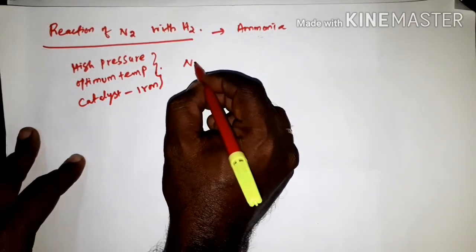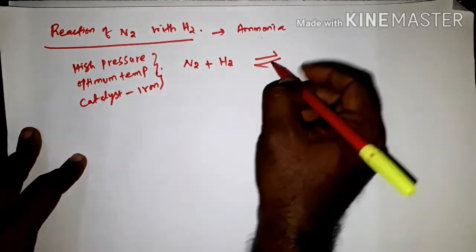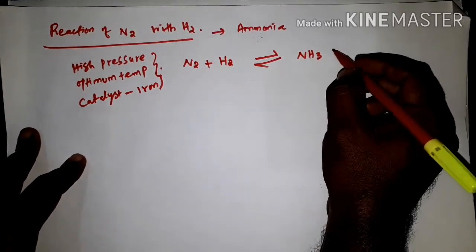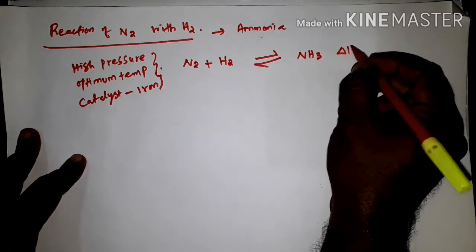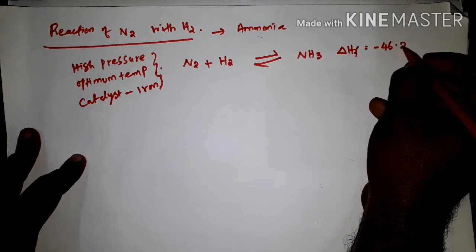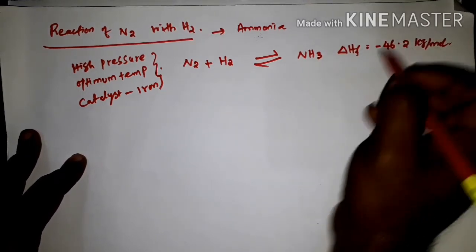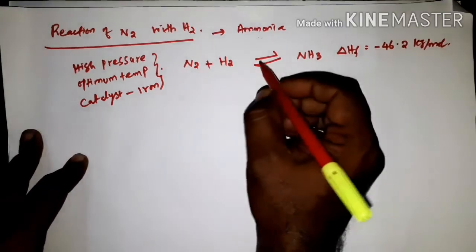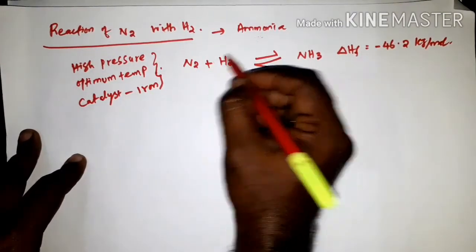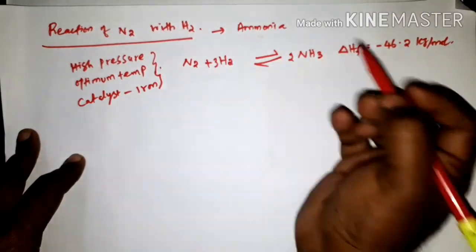We are getting nitrogen plus hydrogen, a reversible reaction, giving ammonia. The delta H_f is minus 46.2 kilojoules per mole. This is an exothermic reaction. Now balance the equation: here 2 NH3, here 3 hydrogen.